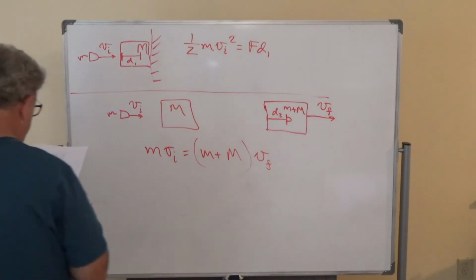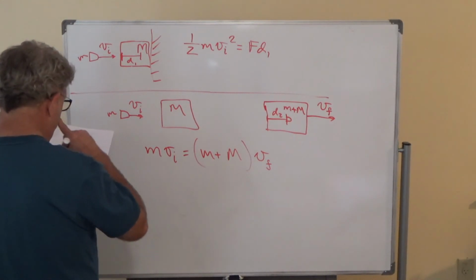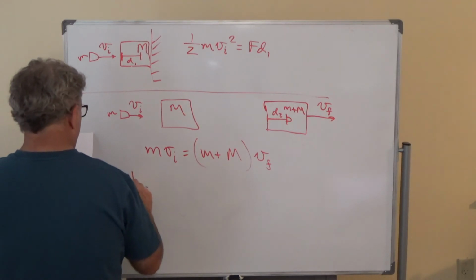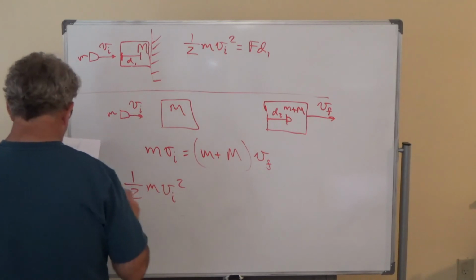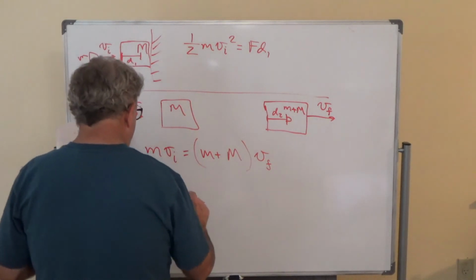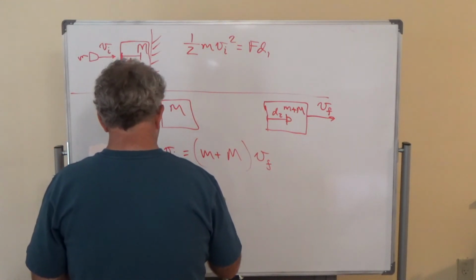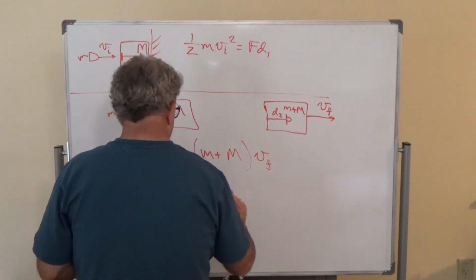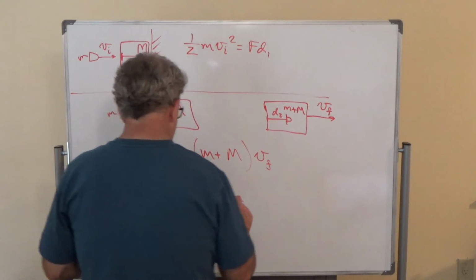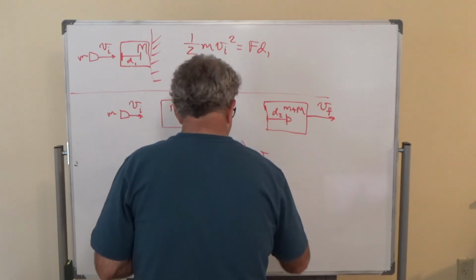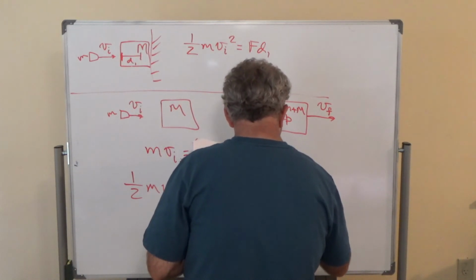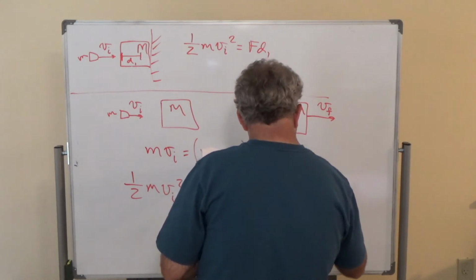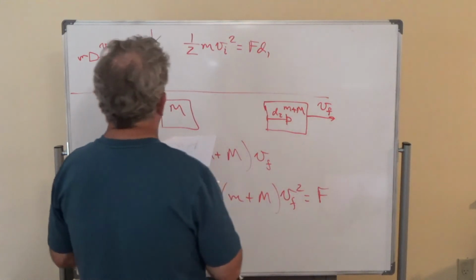The kinetic energy, 1/2 m V initial squared minus 1/2 little m plus big M V final squared, is equal to F, whatever that force is.